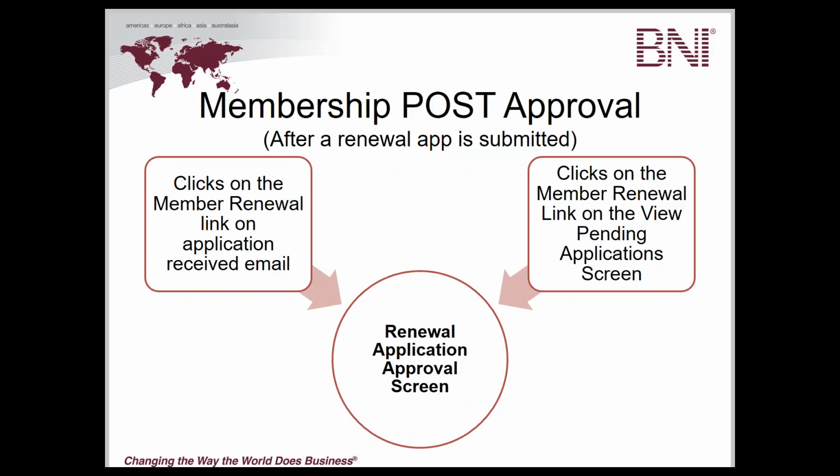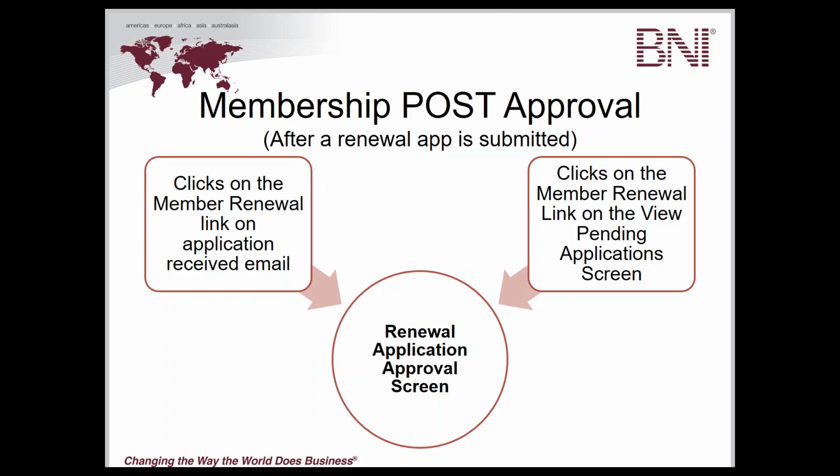There'll be a link that you can click on to approve that transaction. Alternatively, if you deleted that email, you missed it, you ignored it, whatever it might be, you can go to the View Pending Applications screen and check on the status of anything that's pending. So let's take a look at this process.